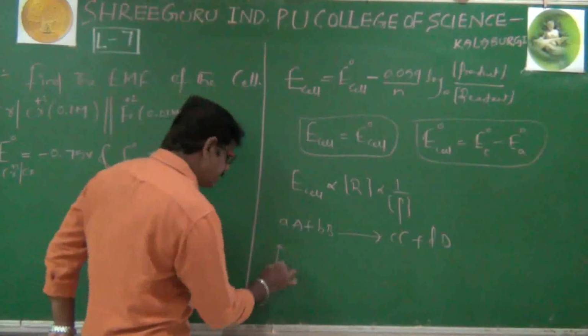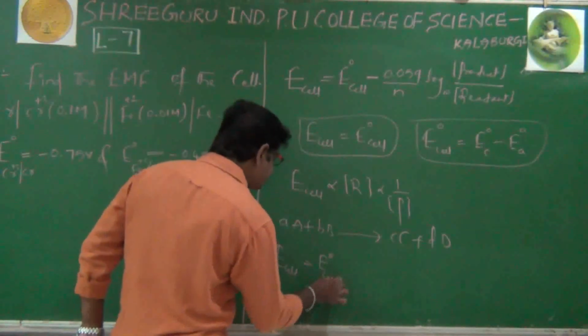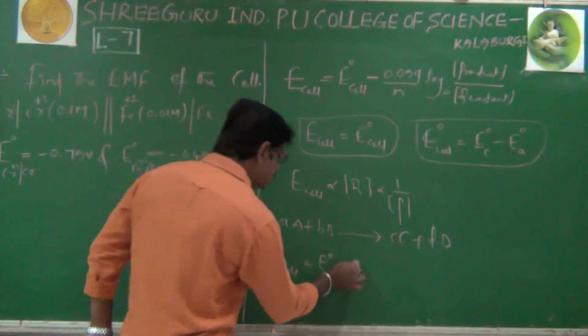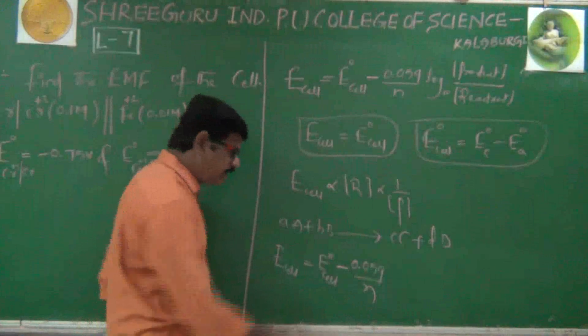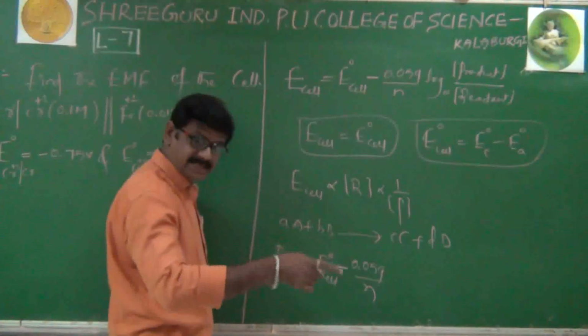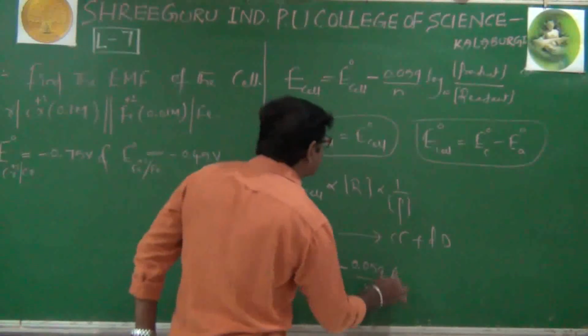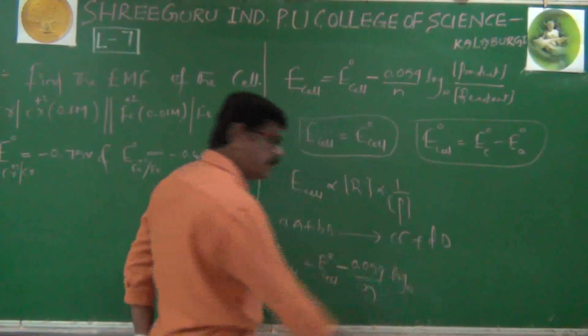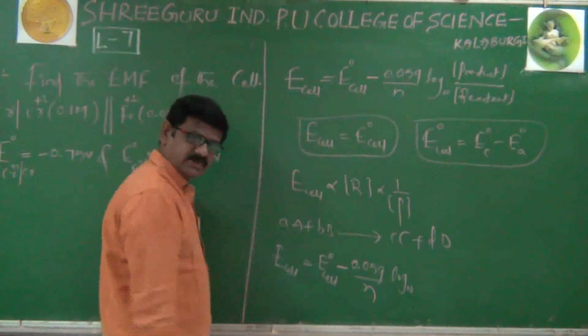Now here E cell is equal to E naught cell minus 0.059 divided by n, where n is the number of electrons involved in this process, and log base 10 of product concentration divided by reactants concentration.